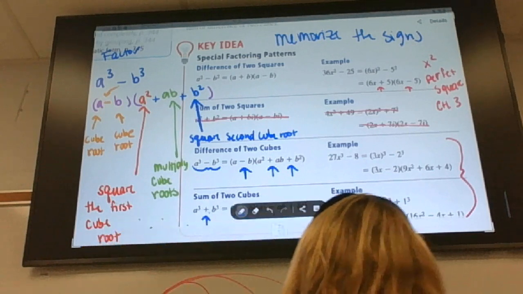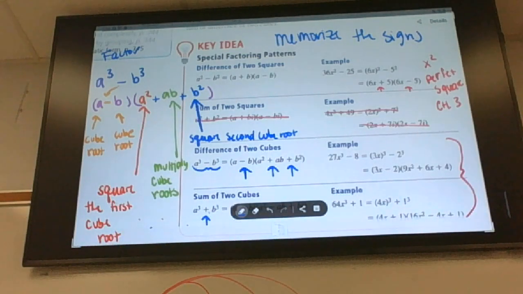So that's a difference. I'll go ahead and do it for any sum, if it's a^3 plus b^3. It's a binomial and a trinomial. You get your a and your b. You keep the same sign in the middle.